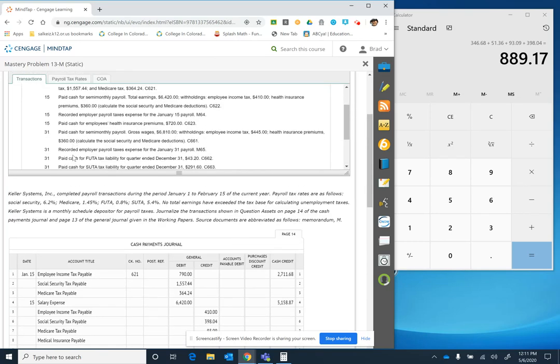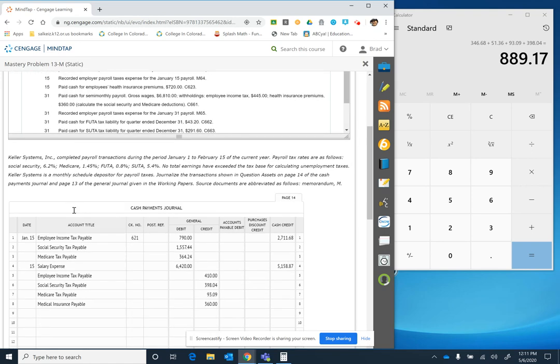Okay, so the next thing we've got is we need to pay cash for employees' health insurance premiums, $720. So we'll go back to our cash payments journal, and we're going to make a payment for our medical insurance payable on the 15th.